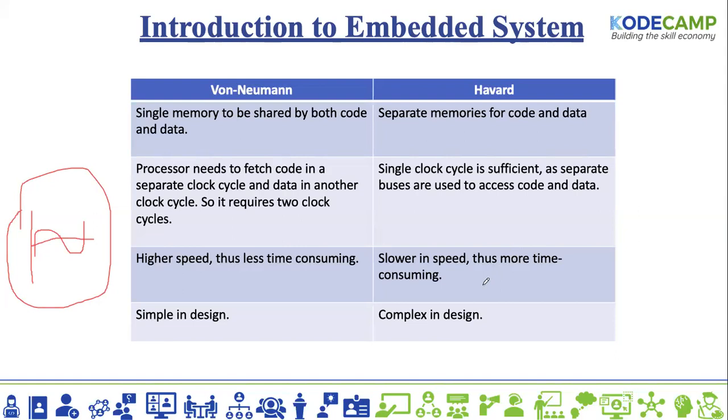It can slow down because it needs to pick data from here, depending on the size of the data and the size of the program. That can make it slow down a little, but outside that, it has no other issue. So the von Neumann design is very simple, but the Harvard design is very complex.